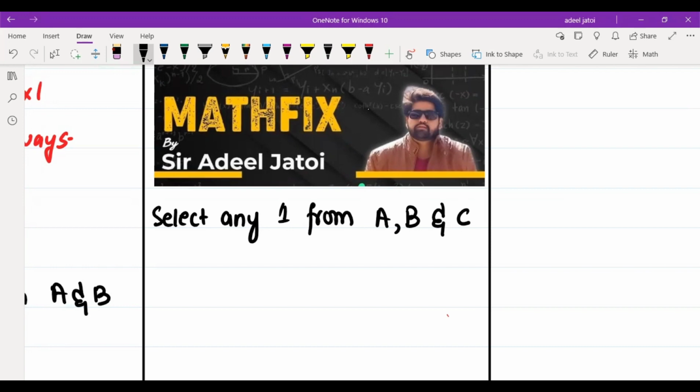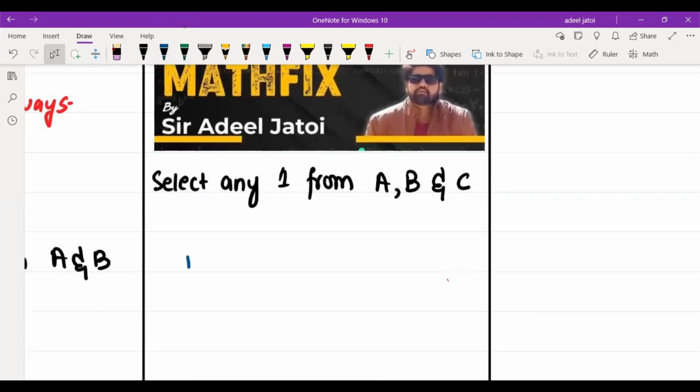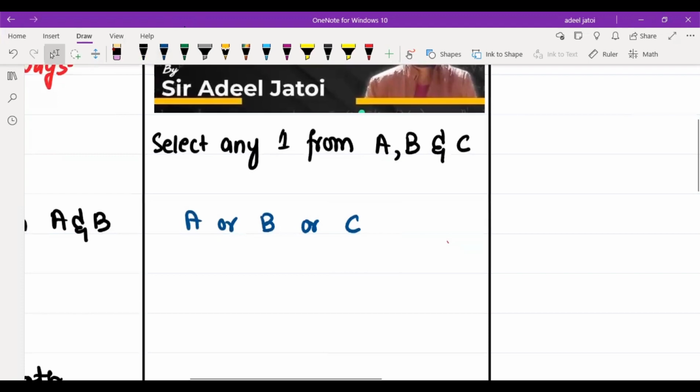So there would be one possible letter out of three. Either I can have A, or I can have B, or I can have C. I can't have all the letters together.